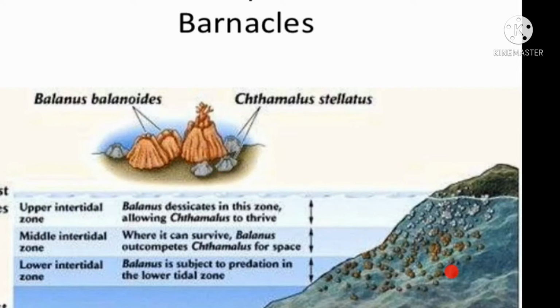So these are the Balanus and this is Chthamalus. And gradually the Chthamalus can be excluded or eliminated from the zone as they are not able to compete with the bigger species of barnacle, Balanus.